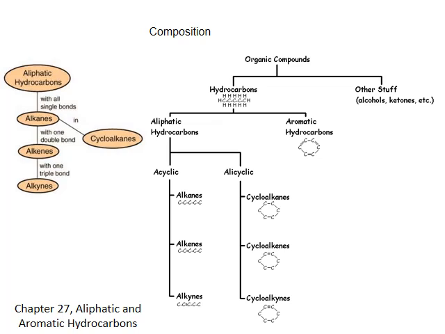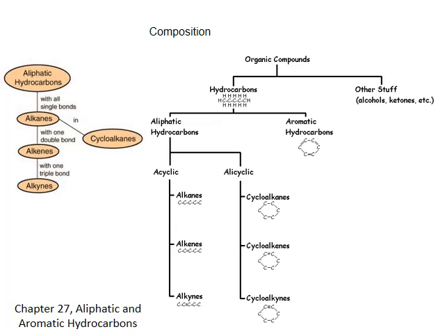Okay, so by the end of this slide, you should feel comfortable knowing in general what a hydrocarbon is. And the three major types of hydrocarbons, which include the aliphatics, the alicyclics, and the aromatics. The aliphatics are sometimes called acyclics, and they are composed of straight open chains.